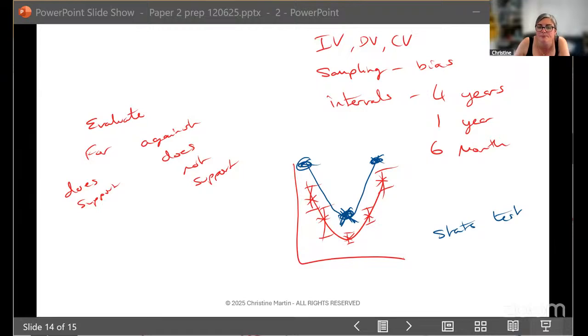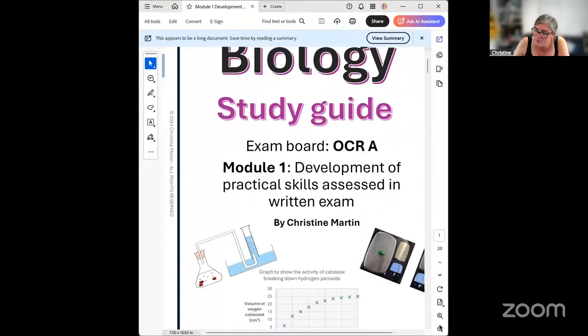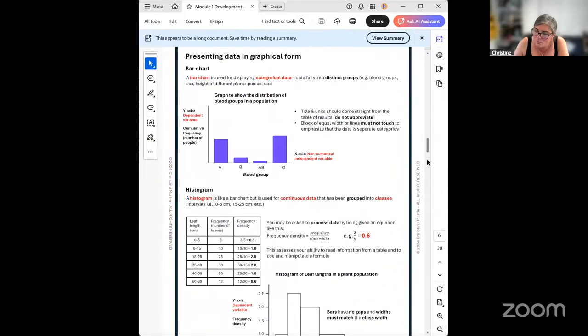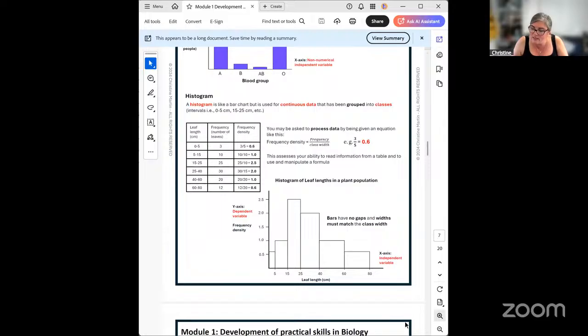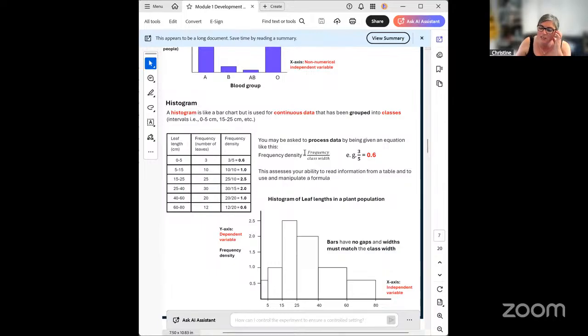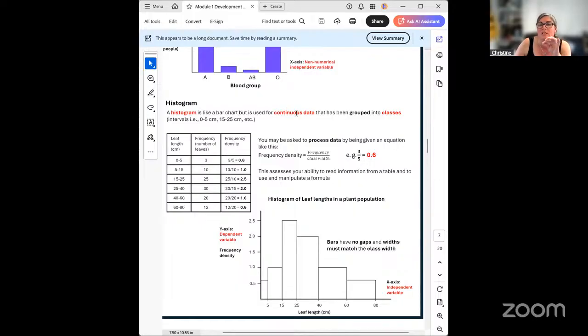Okay, so if you're looking at a histogram, one of the things that I would suggest is that you note that a histogram is like a bar chart, but it's for continuous data.